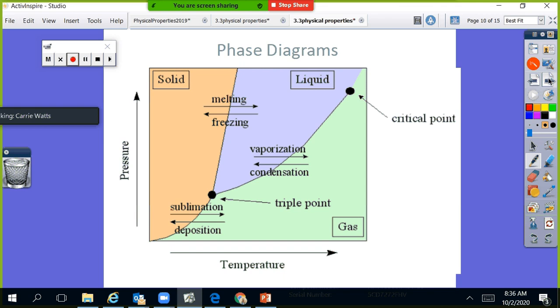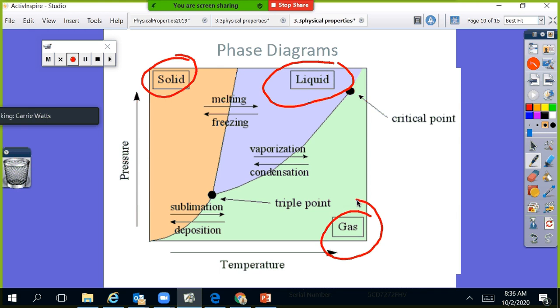Now this is just a typical phase diagram. In the AP course, they expect you to know this from honors, but it shows your solid phase, your liquid phase, and your gas phase. You have the melting and freezing line, the vaporization and condensation line, and then sublimation and deposition.